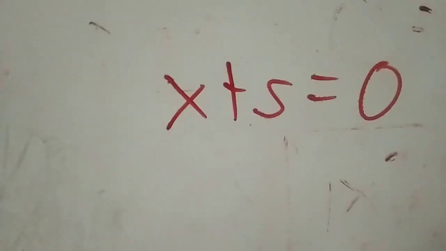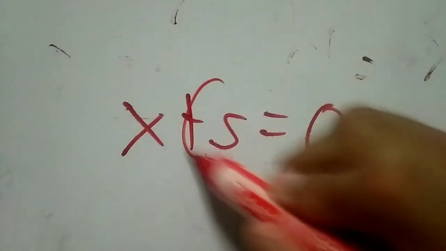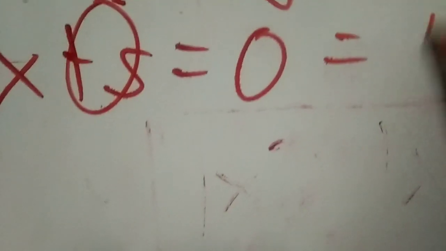Find the opposite. x plus 5, find its opposite by setting it to 0. You transpose it, and this becomes x equals negative 5.